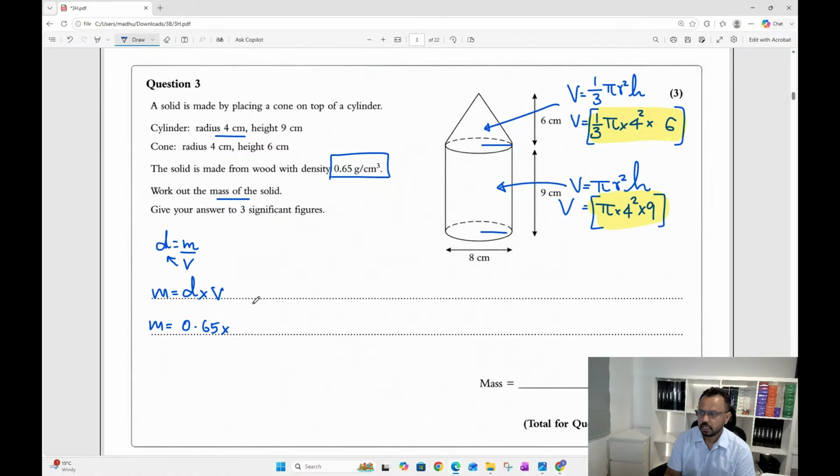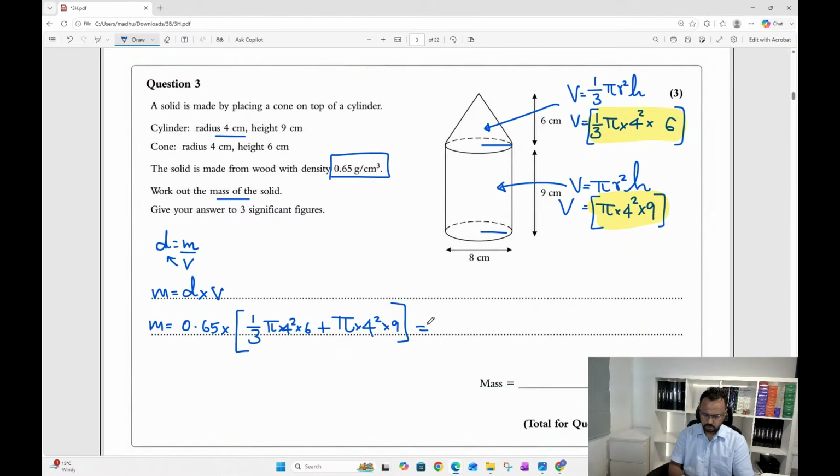Do not worry about getting 1/3 pi times 4 squared times 6, getting the answer in decimals and writing it down, and then doing the same thing to that. You are allowed to just put the whole thing in, literally: 1/3 pi times 4 squared times 6 and pi times 4 squared times 9.